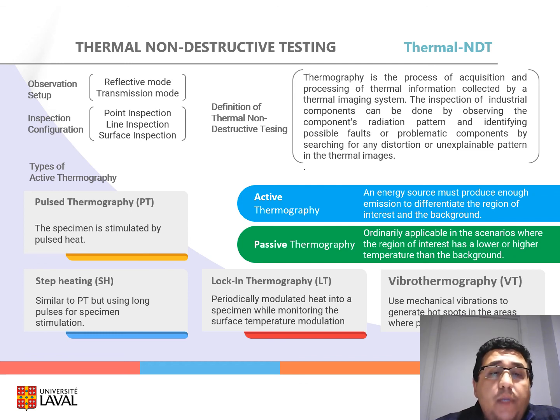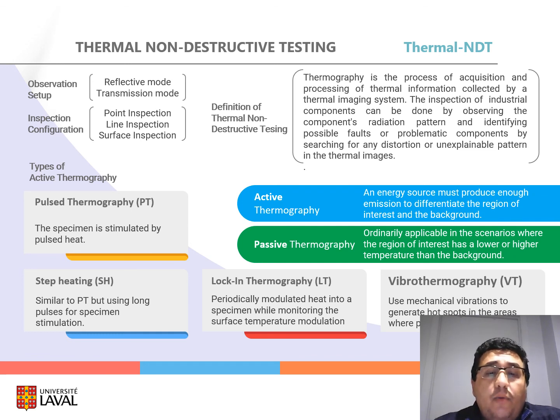There are 4 types of active thermography: pulse thermography, step heating, locked-in thermography, and vibrothermography. In pulse thermography, the specimen is stimulated by pulse heat. Step heating is similar to the PT method, although the pulse heatings are much longer.